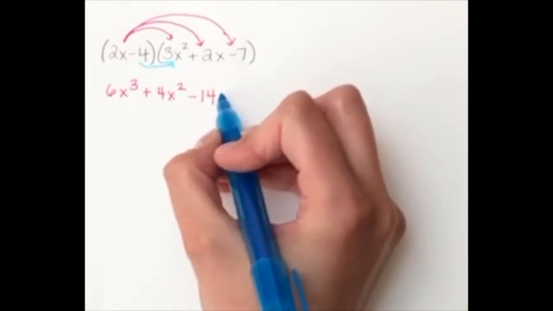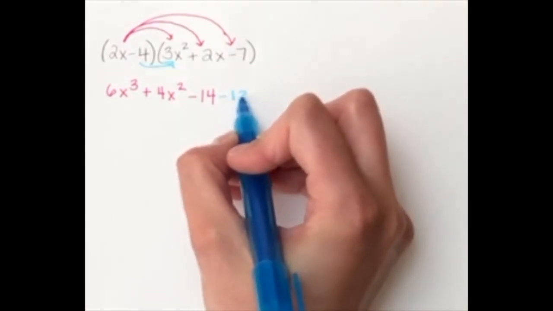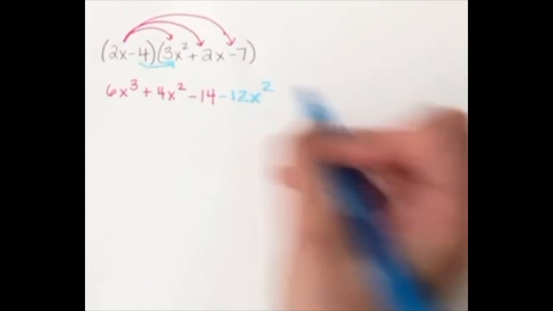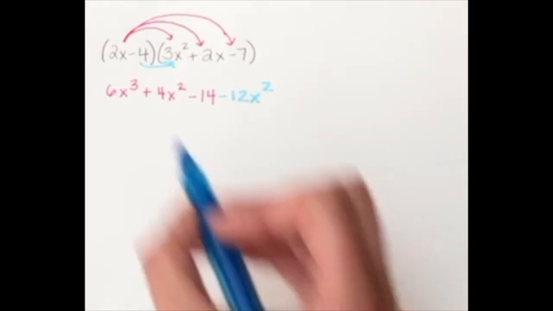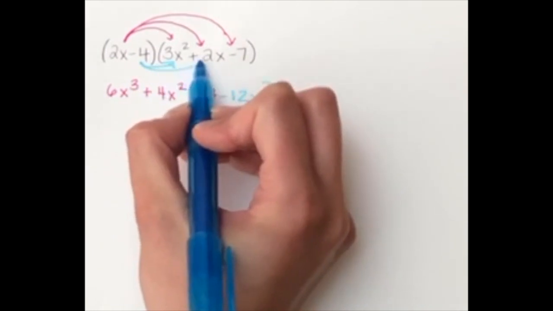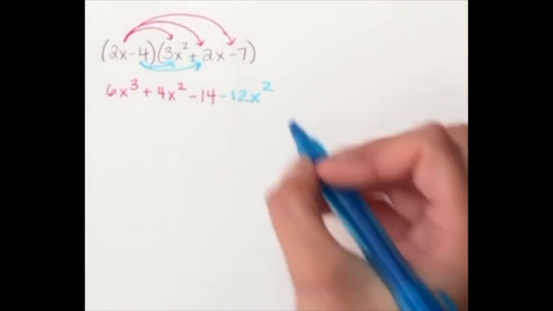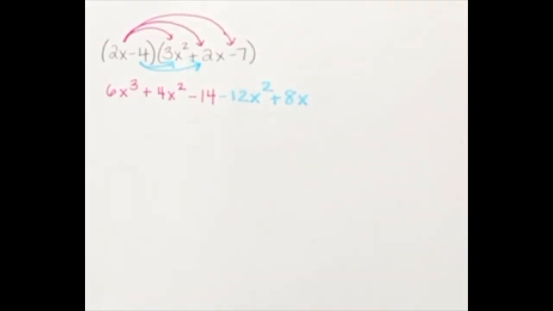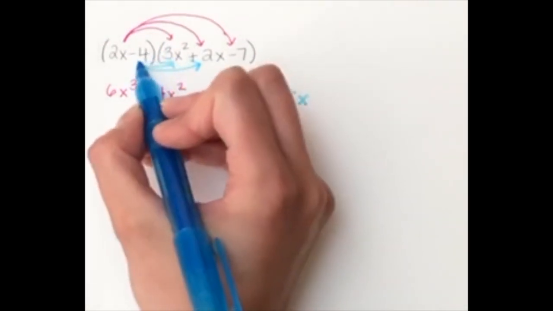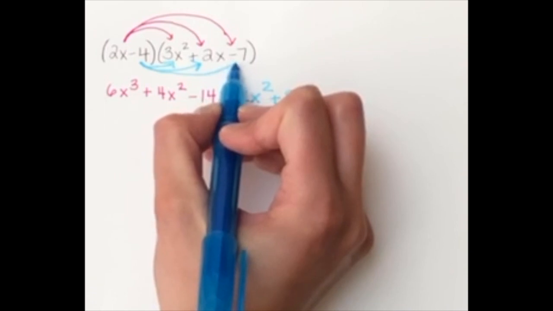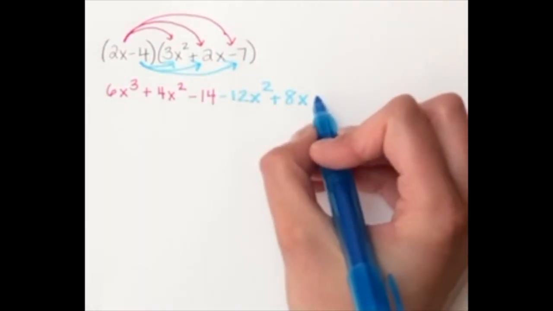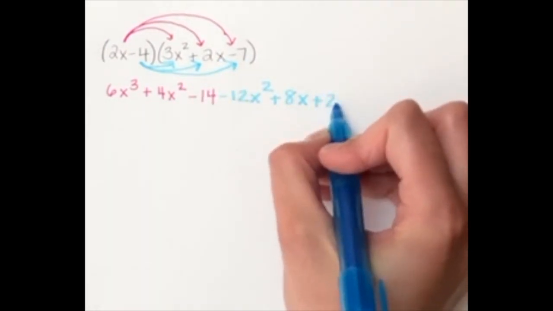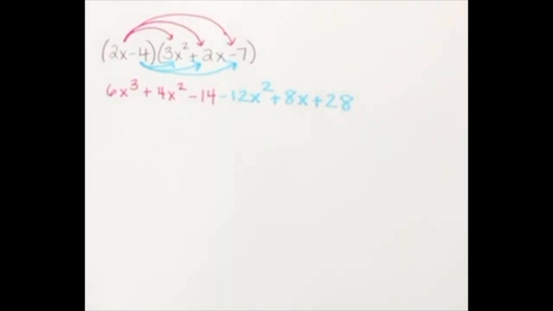That would be negative 12x squared. What is negative 4 times 2x? That's an 8x. And last, negative 4 times negative 7 is a positive 28.